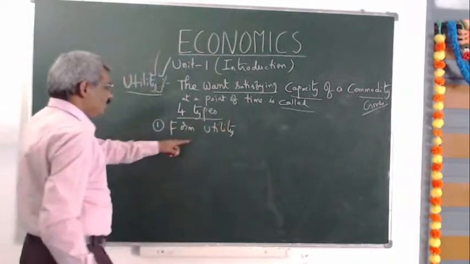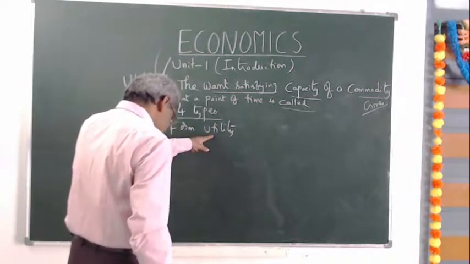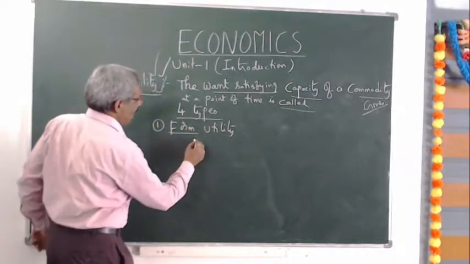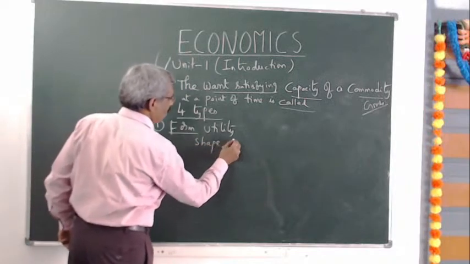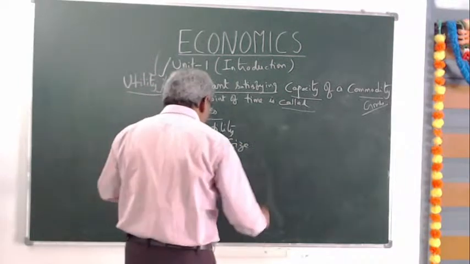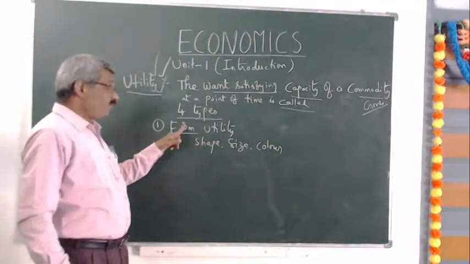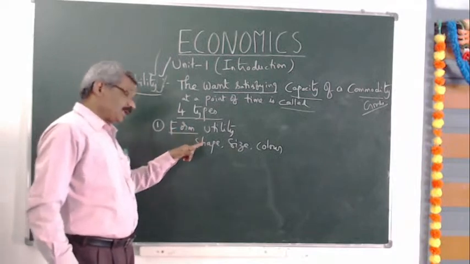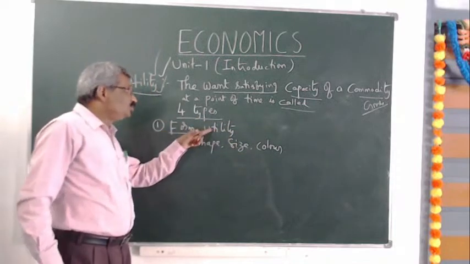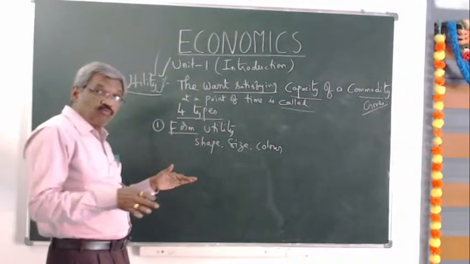Form utility: the commodity satisfies a consumer by way of form, such as shape, size, or color. Either form by shape level, sizing level, or color level. This is the satisfying capacity of the commodity through form.